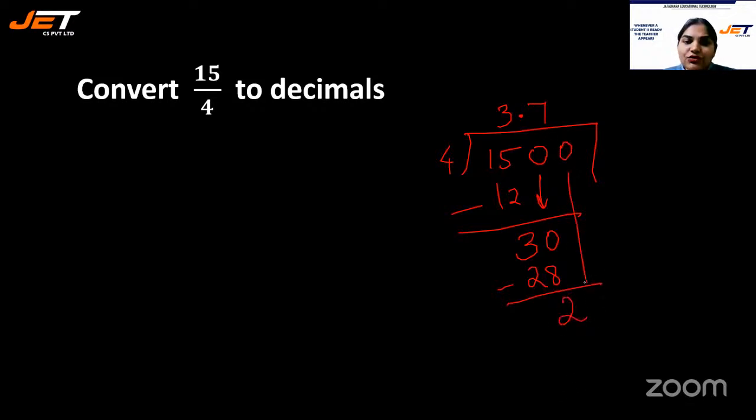I'll put one extra 0. If you're putting an extra 0 later on, there is no need to put a decimal. It will happen only one time. So here it will be 5. So this is 3.75.